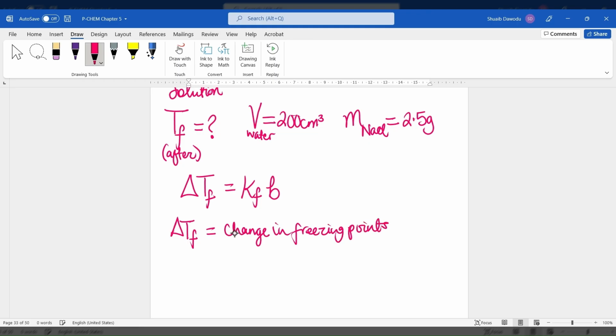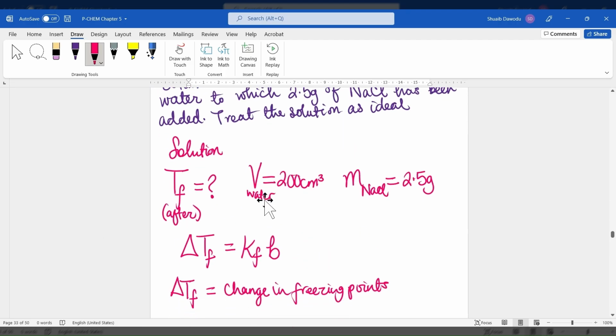What this is simply telling us is that before mixing, the solvent, in this case water, has its own freezing point, so it has its own temperature. And then after mixing, this new solution, which is the solution of NaCl and water, basically salt water, would have a different freezing point. Freezing point is basically the temperature at which a solvent or a solution freezes.